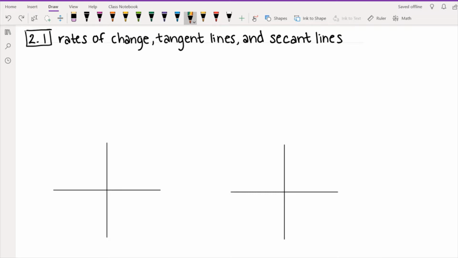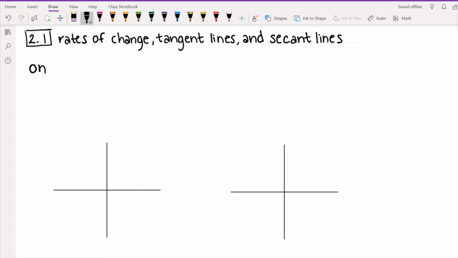So one of the main ideas of Calculus 1, and probably what I'd say is the main idea, is this idea of the rate of change of a function and measuring the rate of change of a function. So let me write that down and I'll explain what I mean by that, and we'll look at some examples.